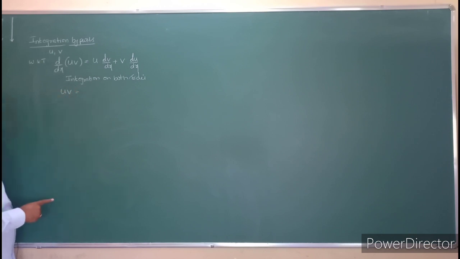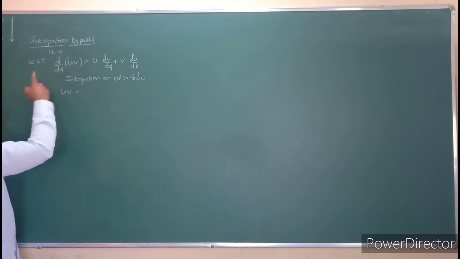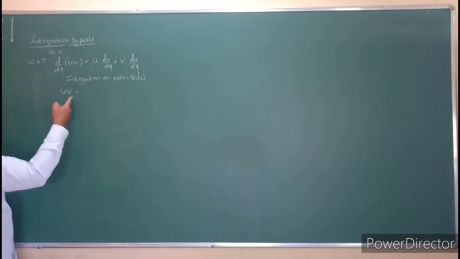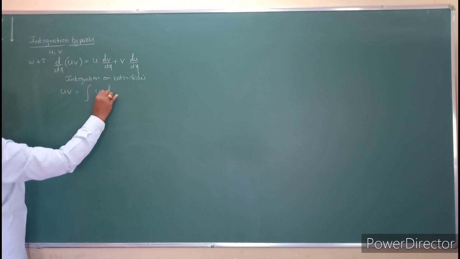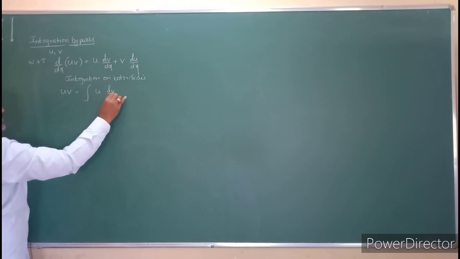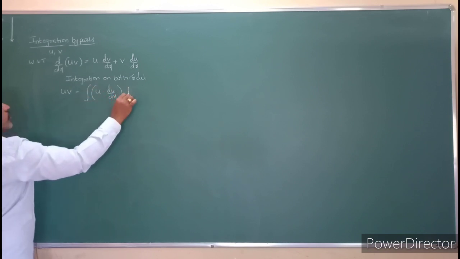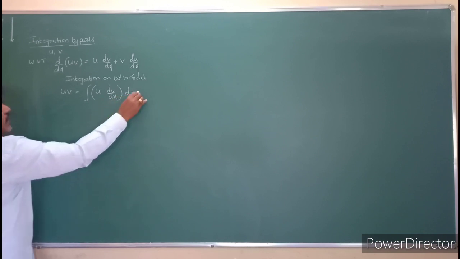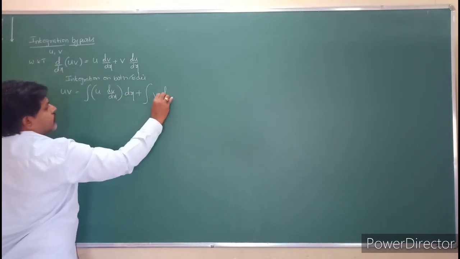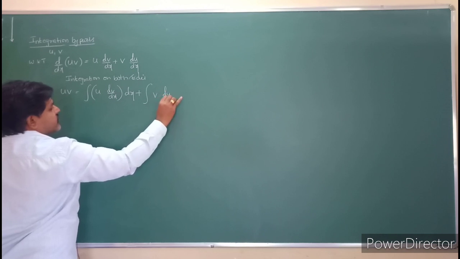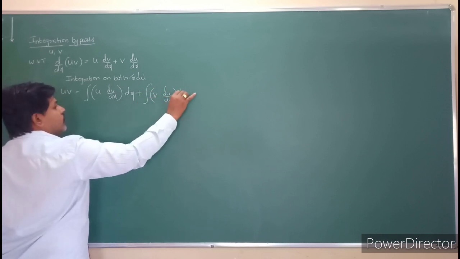So that is equal to the integral of u into dv by dx into dx plus the integral of v into du by dx into dx.